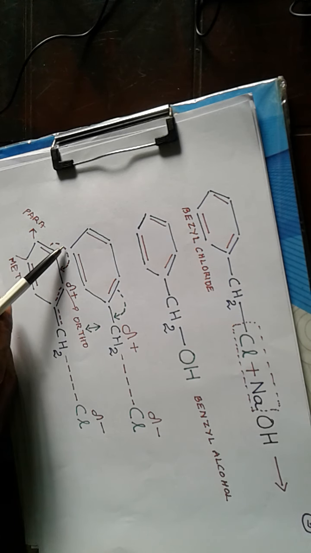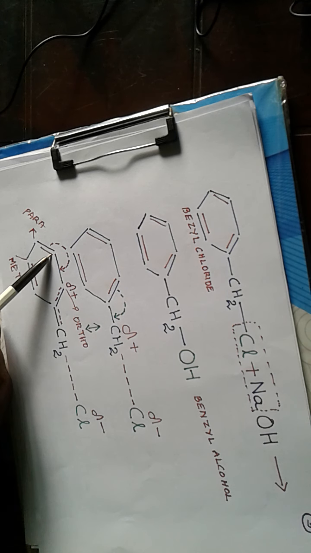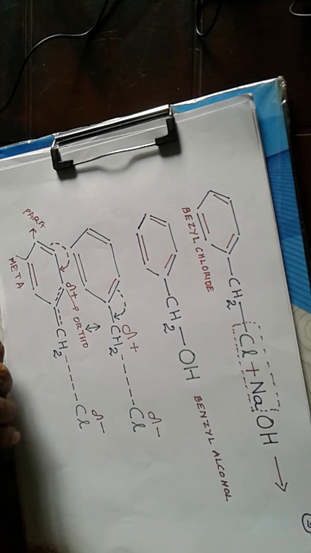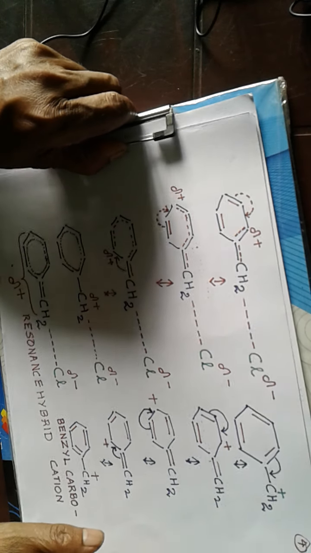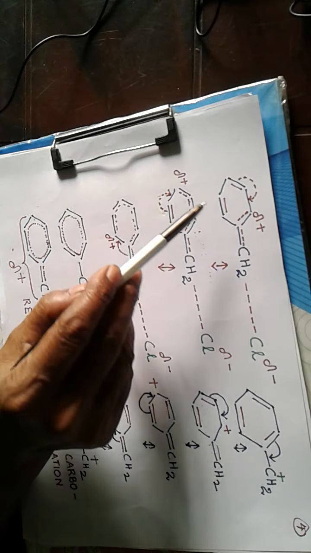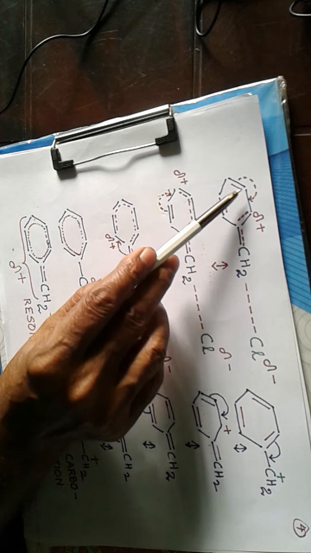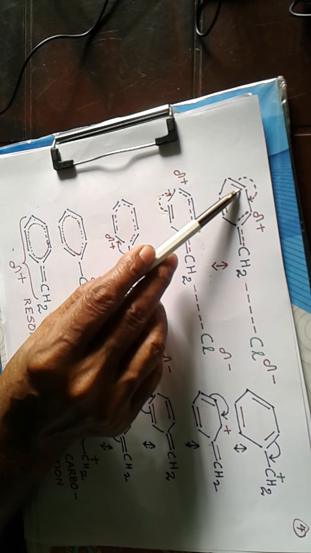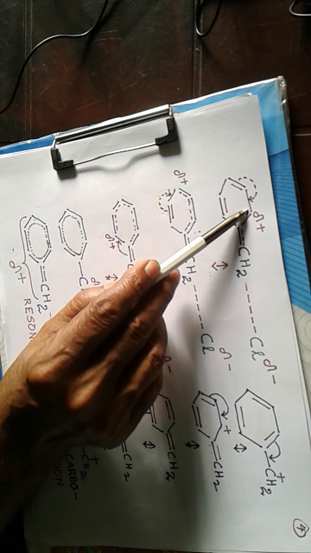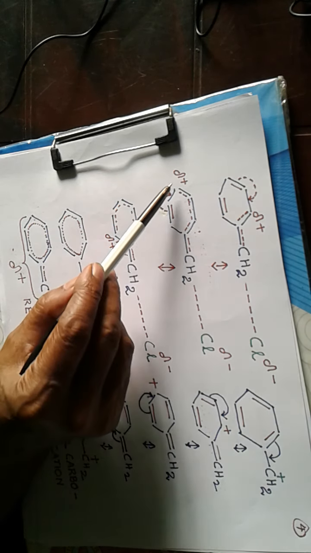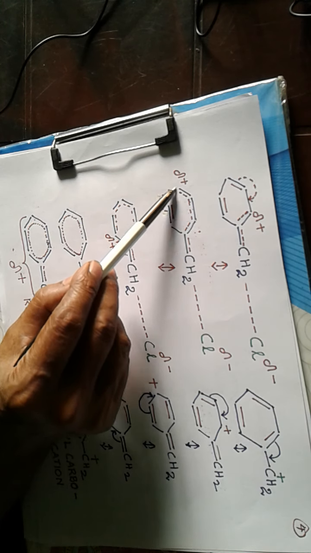Then a shift occurs, shown by a broken arrow, so that part of the electron density of the pi bond is shifted in this direction, so part remains here, and we get another structure. So part of the electron density is shifted in this direction. This pi bond is partially broken and forms a partial bond here, so that with a partial bond here and a partial bond here, we get delta positive charge at the para position.